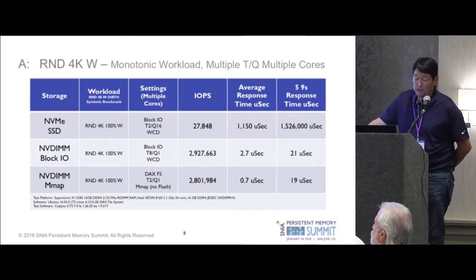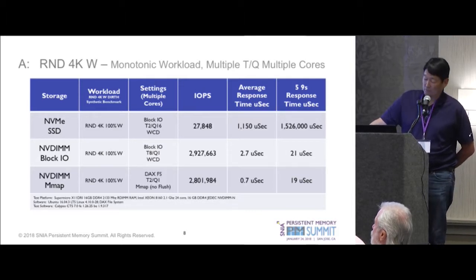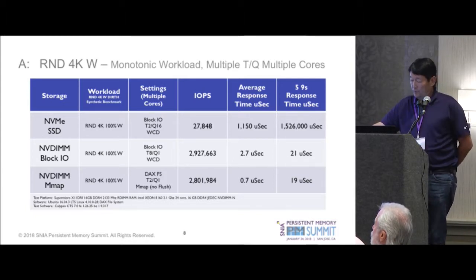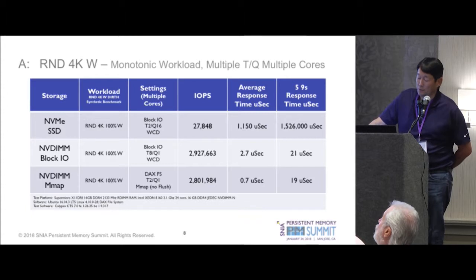So for the NVMe SSD, it was at thread count 2, queue depth 16. We had 27,848 IOPS and 1,150 microseconds for average response time and 1.5 million for the 5 nines response time. That's a quality of service response time, 99.99%.